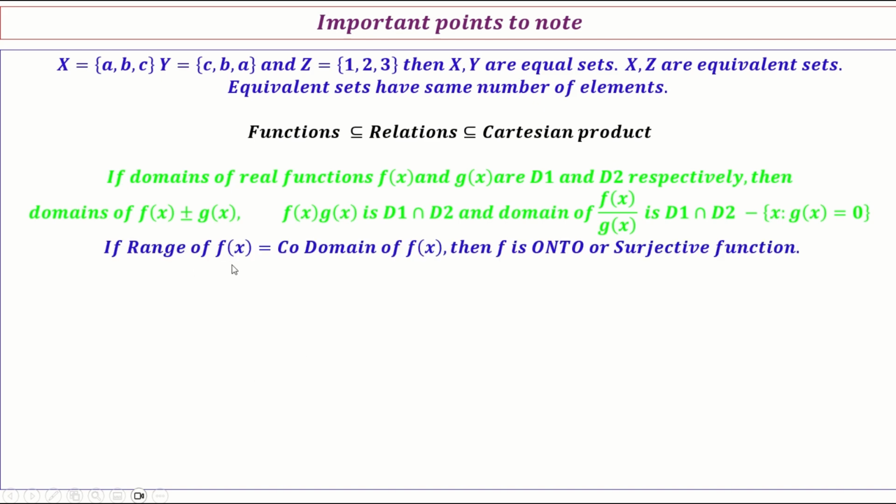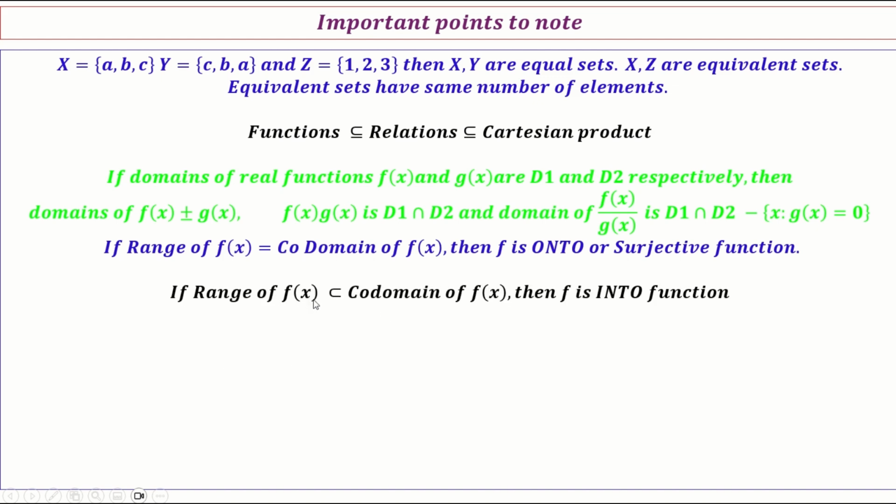Next, if the range of f of x equals the codomain of f of x, then f is called an onto or surjective function. Just note down the terminology. If the range equals the codomain, that means all elements of the codomain set are used, and all elements have a pre-image in the first set.